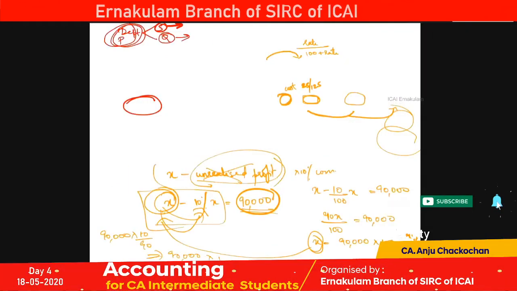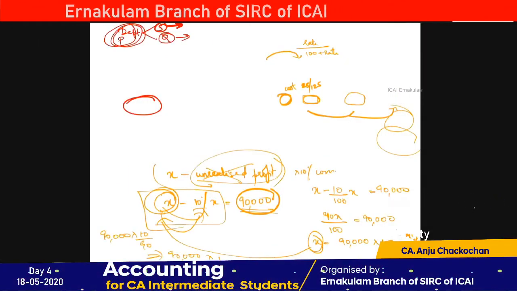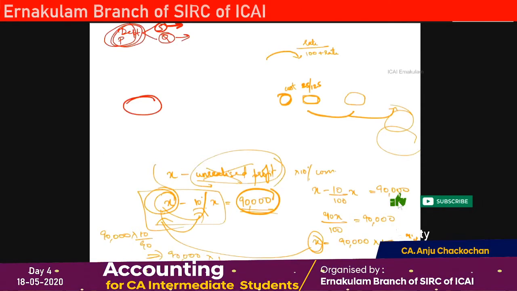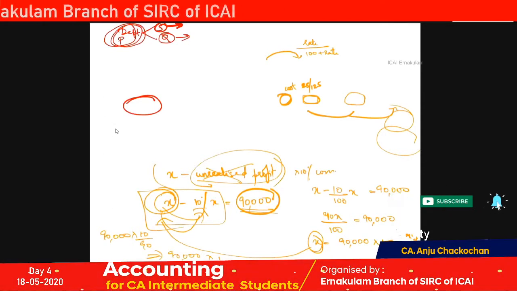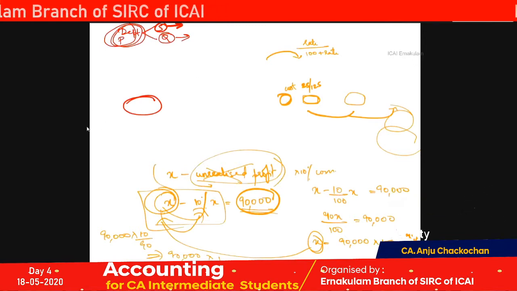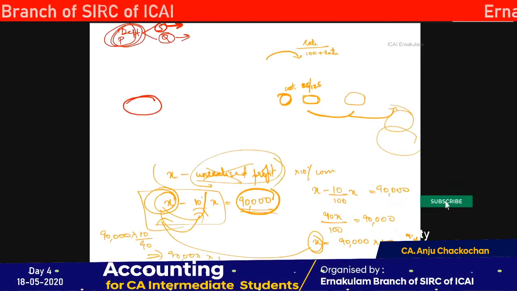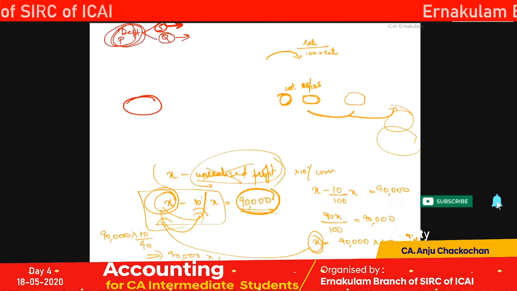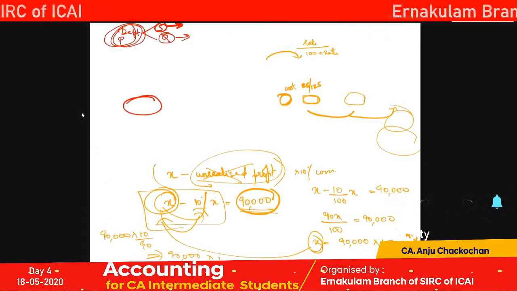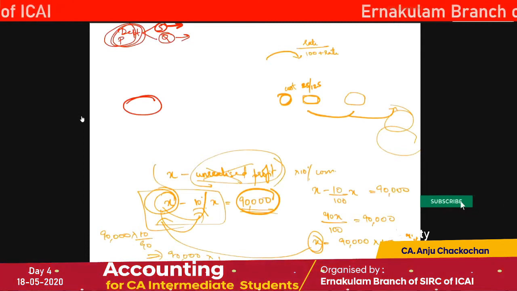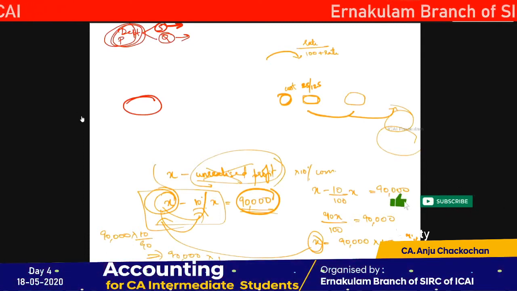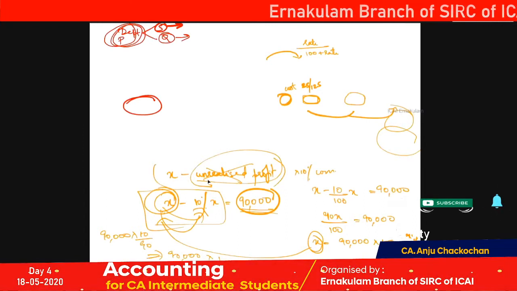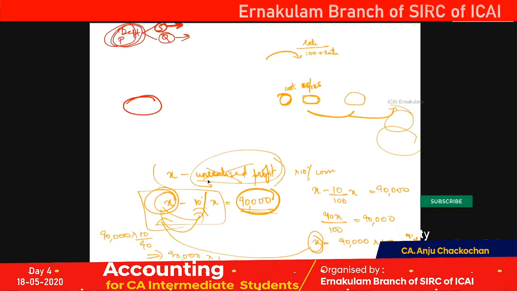Why 1 by 9, I'll explain that again. Listen. Our profit is X. From that, you reduce 10% of X, which is the commission, and you get 90,000. So on solving this, 90,000 into 100 by 90, if you solve this out, you get the profit amount.